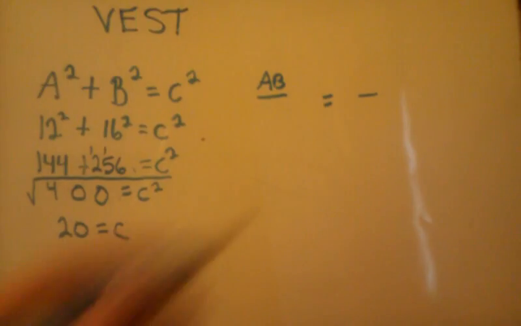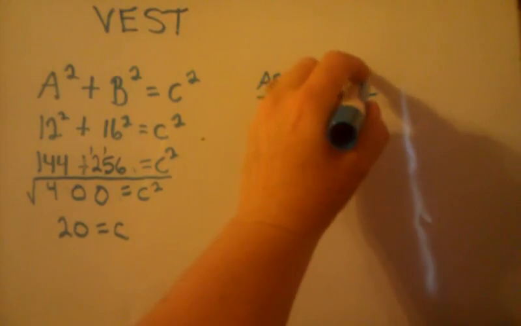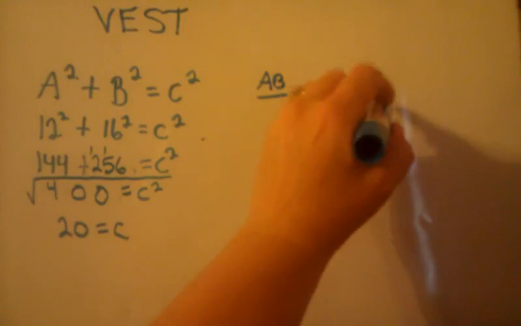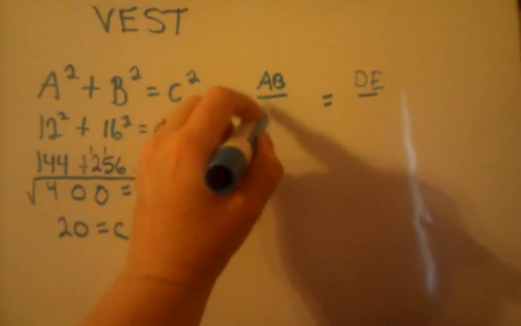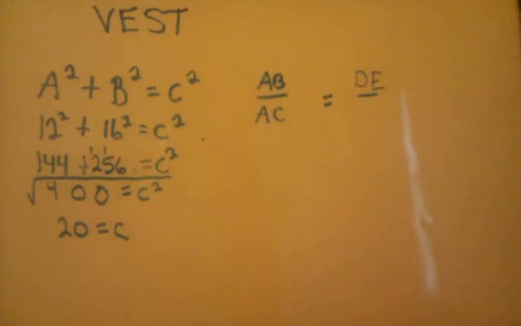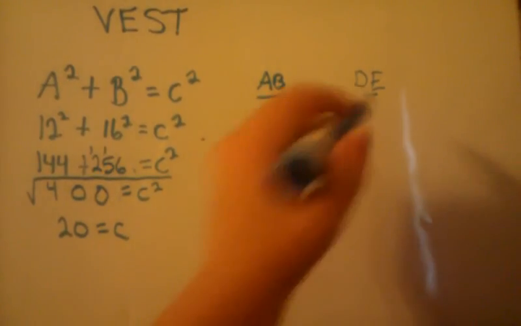Okay? So DE. I'm looking for side AC. This is the one I don't know, so I need to put it in my proportion. AC is going to be similar to CE. Alright?